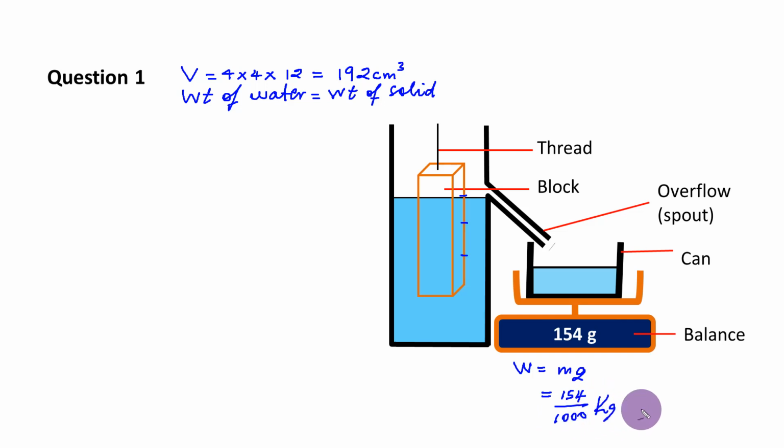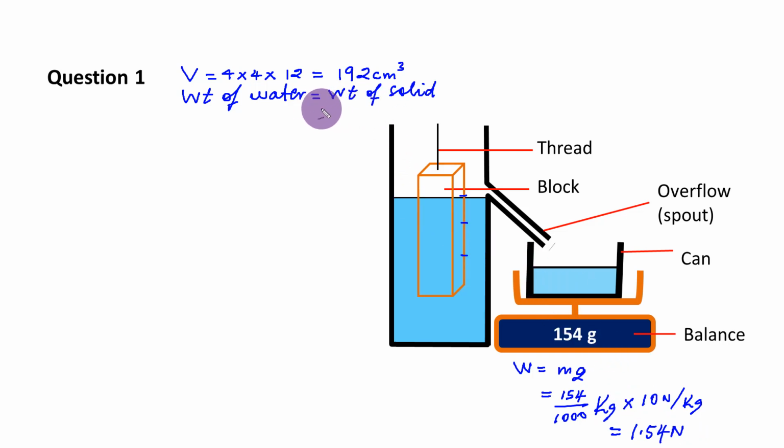We get that to be kilograms. And then the value of g is 10 newtons per kilogram. This is usually referred to as the gravitational field strength. That is how strong the gravitational field is. And we get 1.54 newtons. This is the weight of this water.